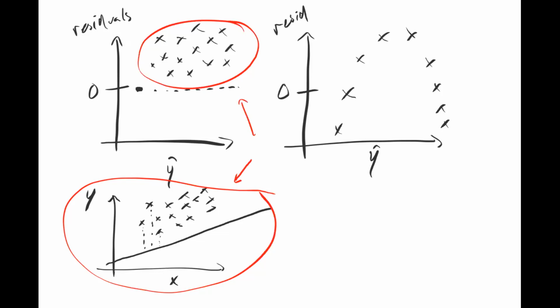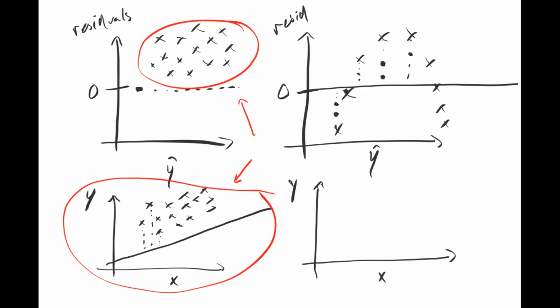So let me draw this example as well. Here we have large negative, small negative, and then a larger positive residual. And so if I were to draw a line here, your first set would be largely negative, and then it might look something like this, right?